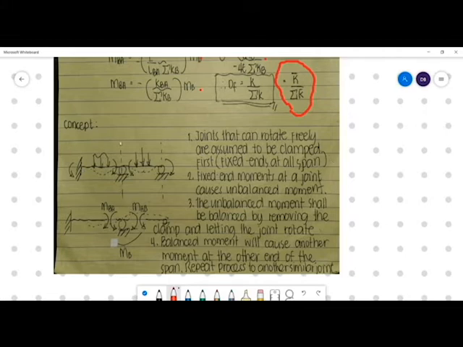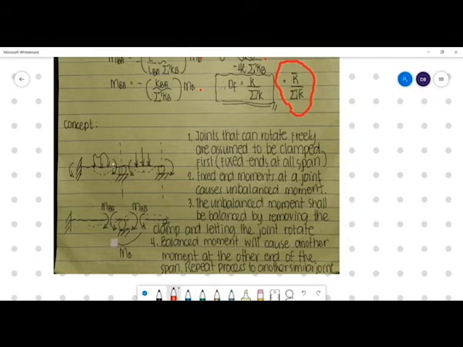So una ilalock muna natin. We are going to lock all our supports, and then we are going to release yung support natin dito sa gitna. So pag ni-release natin yung support, and nakalagay na yung fixed end moment natin, we know na yung fixed end moment natin are just unbalanced.